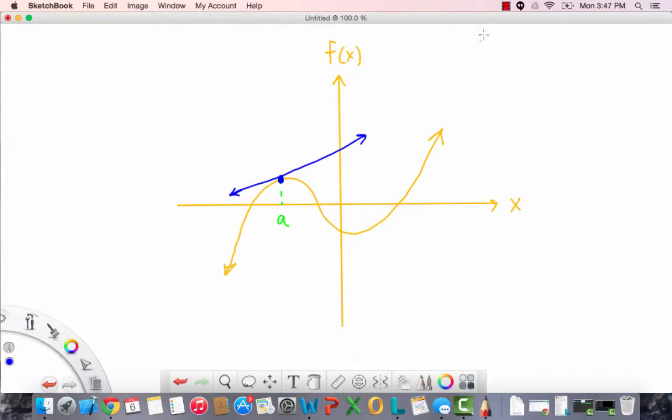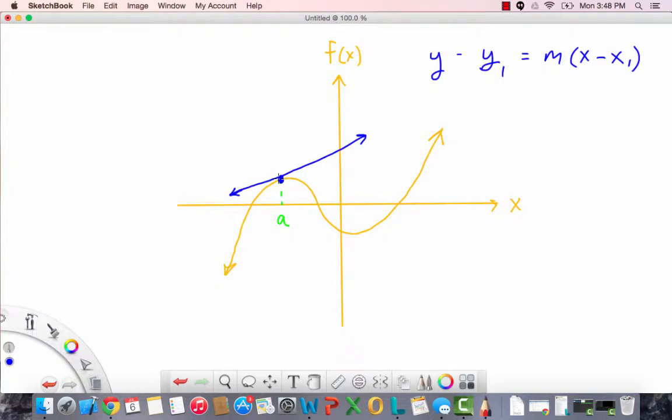So here we're going to go into a little theory, and going back to algebra, point slope form for a line is y minus y1 equals the slope times x minus x1. And we have a lot of this information.